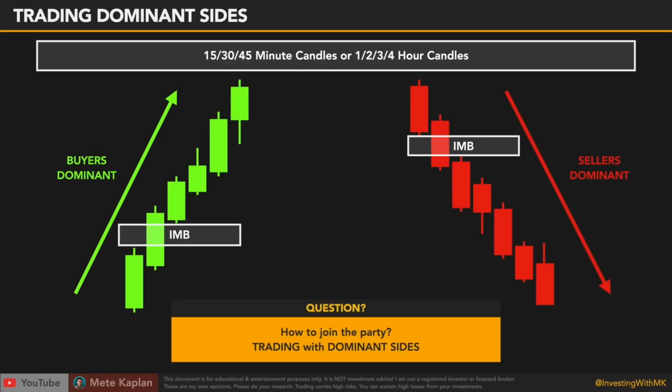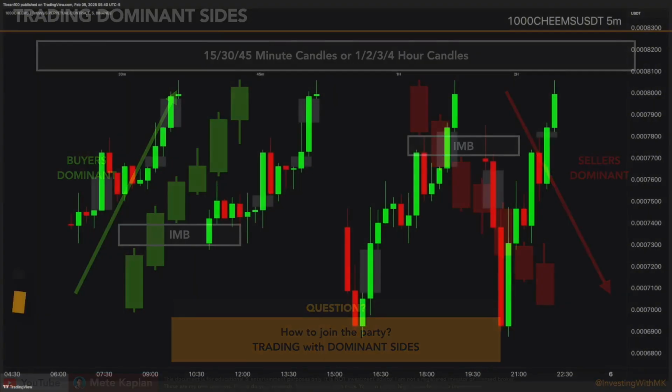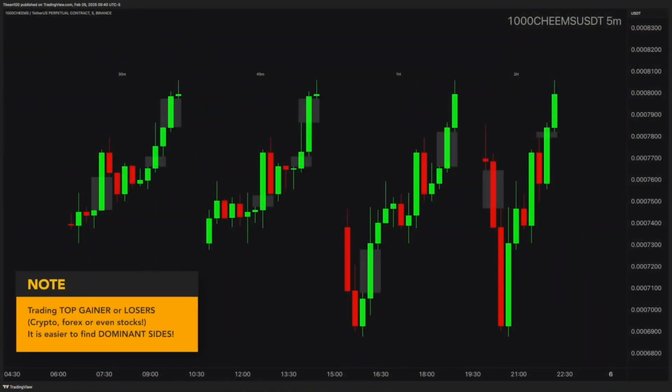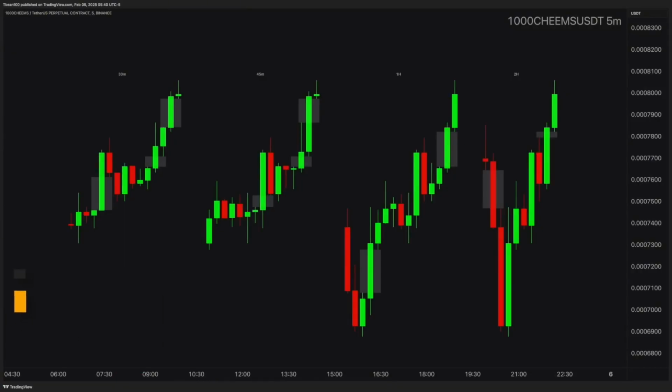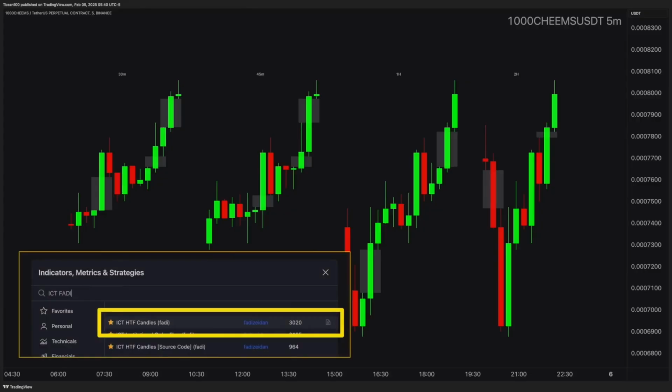So, the question is how to join these dominant parties and how to trade them in action. What you are looking at here is the top gainer coin of the day, with a weird name, CHIMS. And why do I use this indicator called ICT High Time Frames?